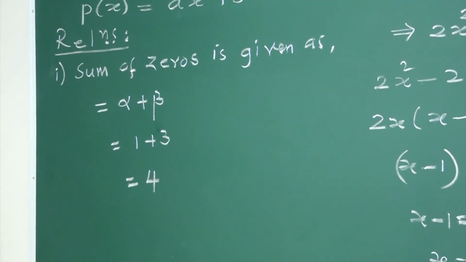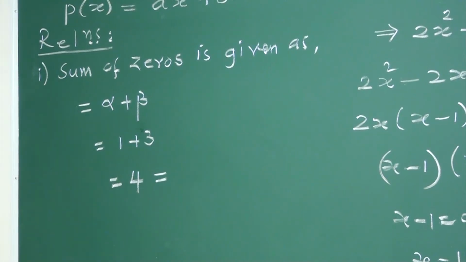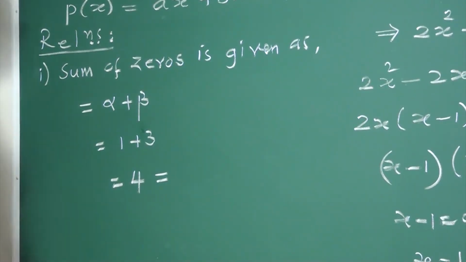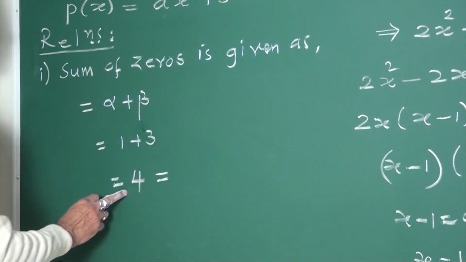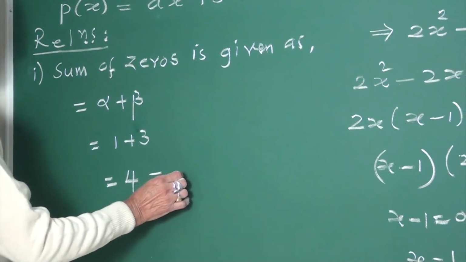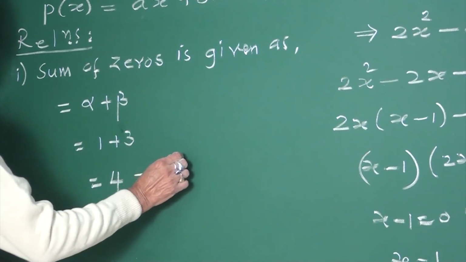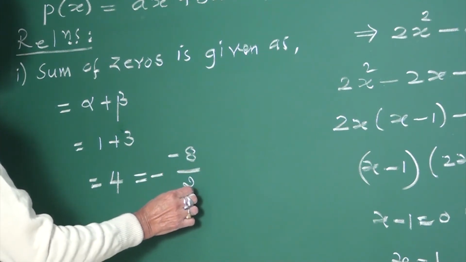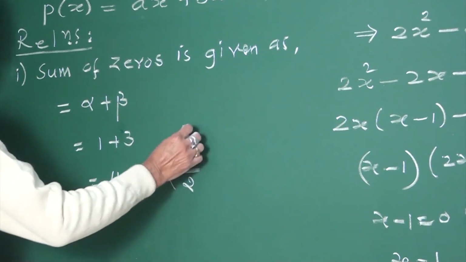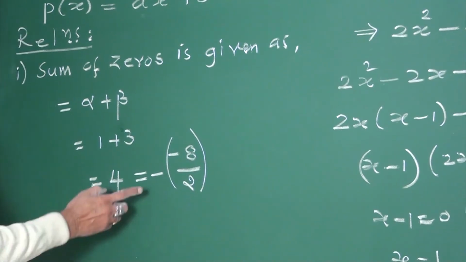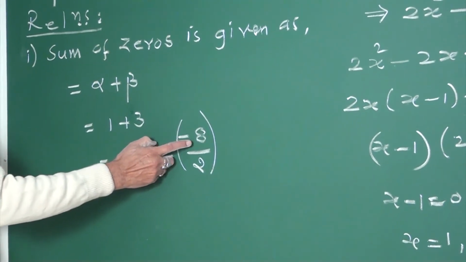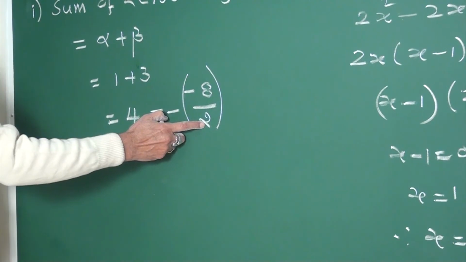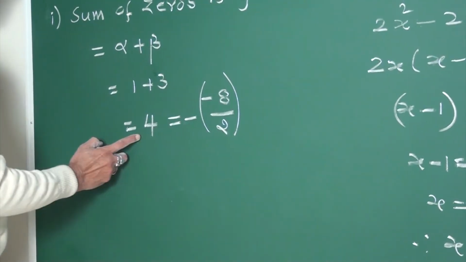4. This 4 can be written as, we wanted minus here, minus of minus 8 upon 2. Is it correct? Minus of minus is plus, 8 upon 2. 8 upon 2 is 4.